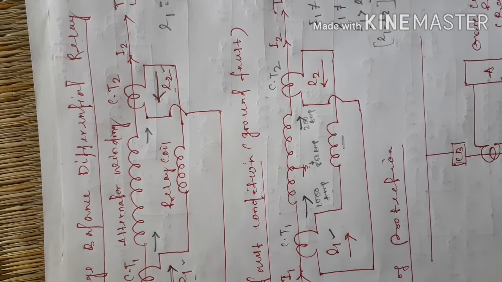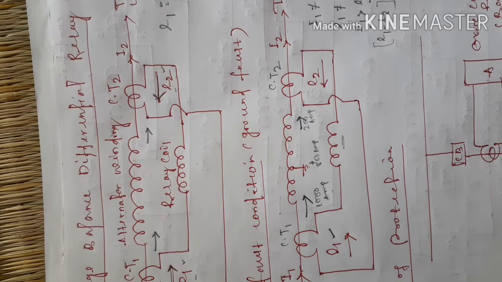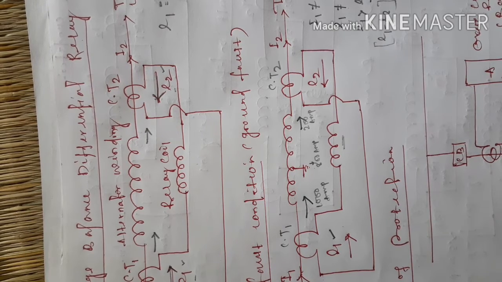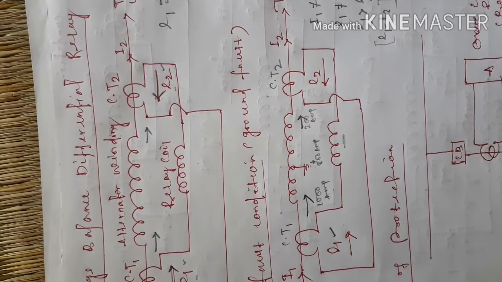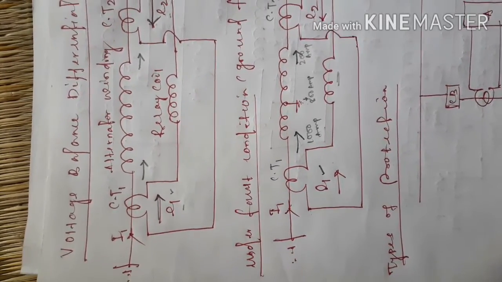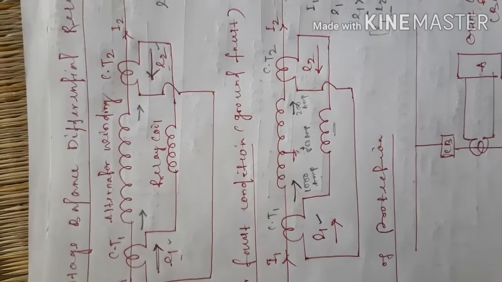Similarly, when it is used for a transformer winding, the voltages on the two sides are compared, and when the magnitudes are unequal, current flows through the relay operating coil due to the net voltage, and the relay operates. This is all about voltage balance differential relay.